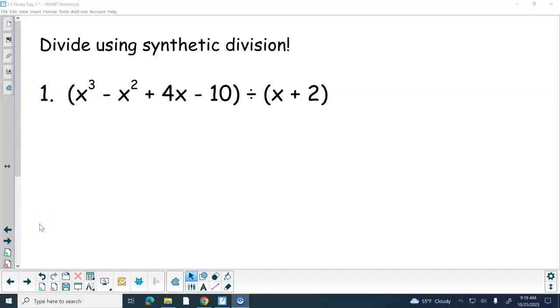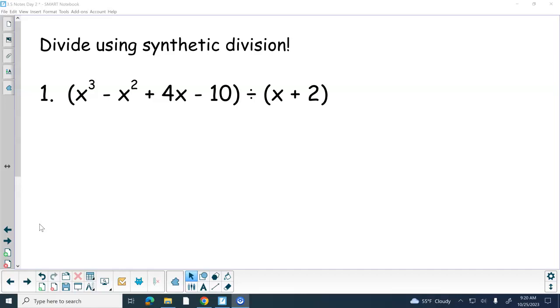Alright, so now let's do the same problem that we did for the warm-up, except now we're going to do it the synthetic division way. Synthetic division is great, but it only works if we have a special linear factor. That means we have a 1 as our lead coefficient, and it's a linear factor, so it can only work if it's x plus c.